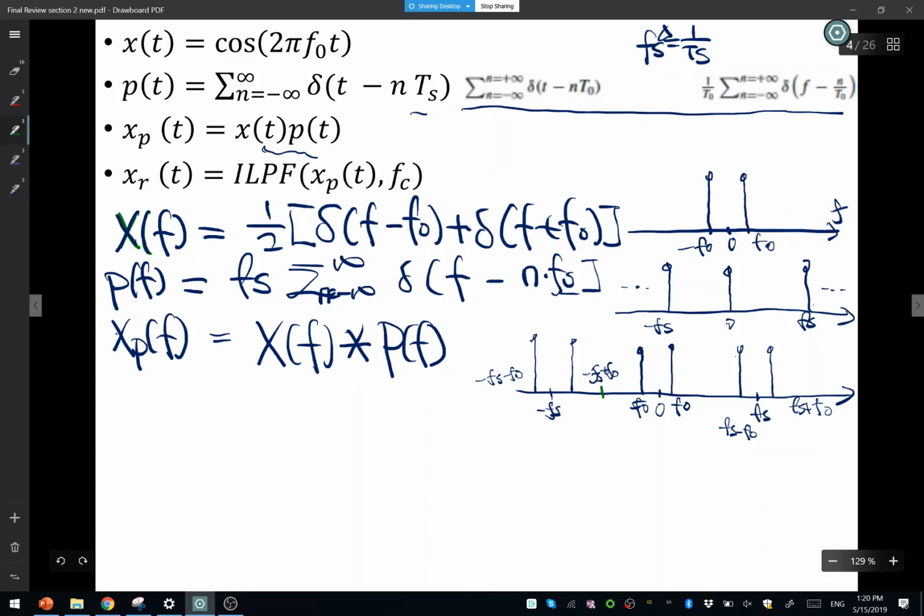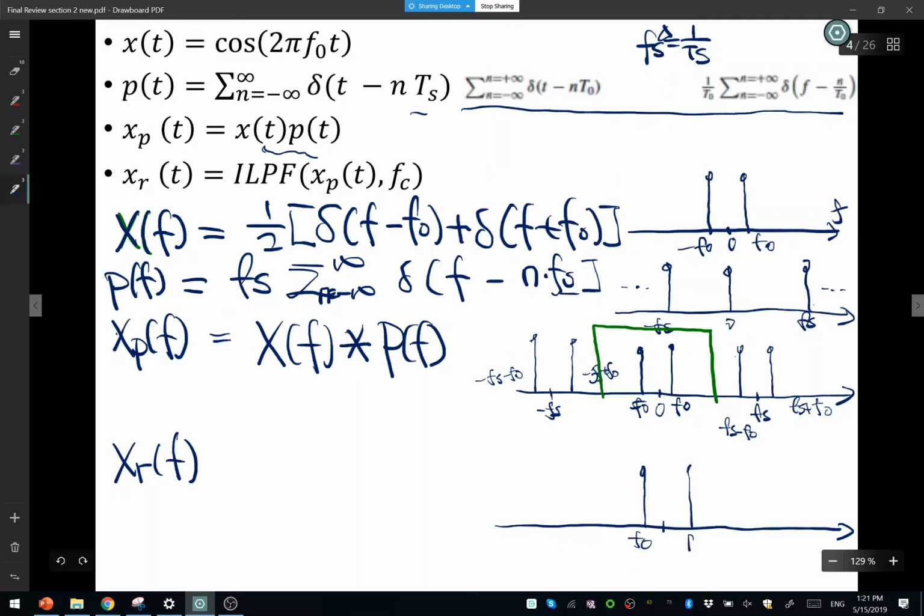So the spectrum of xr(t), without any math, I just cut this piece out. So I'm going to have minus f0 and f0, and everything else is removed.